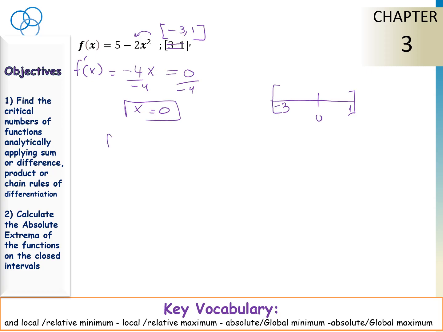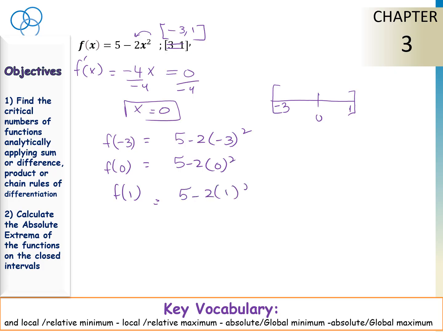You have to find out the y value at -3, at 0, and at 1 by putting these values in the original equation. So 5 minus 2 times negative 3 whole square, 5 minus 2 times 0 whole square, and 5 minus 2 times 1 whole square. So the first value which we will get, it's negative 3 squared, so it's negative 18, and you will get negative 13.